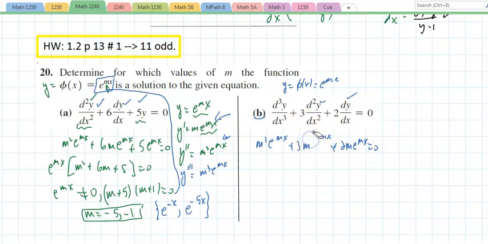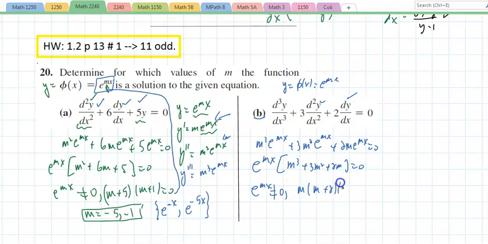And wouldn't you say I could factor e to the mx out, and I will have m cubed plus 3m squared plus 2m equals 0. Well, we know that e to the mx cannot equal 0. It must be that m times m plus 2 times m plus 1 equals 0, which means m will be 0, negative 2, and negative 1. That's all they want us to find here.